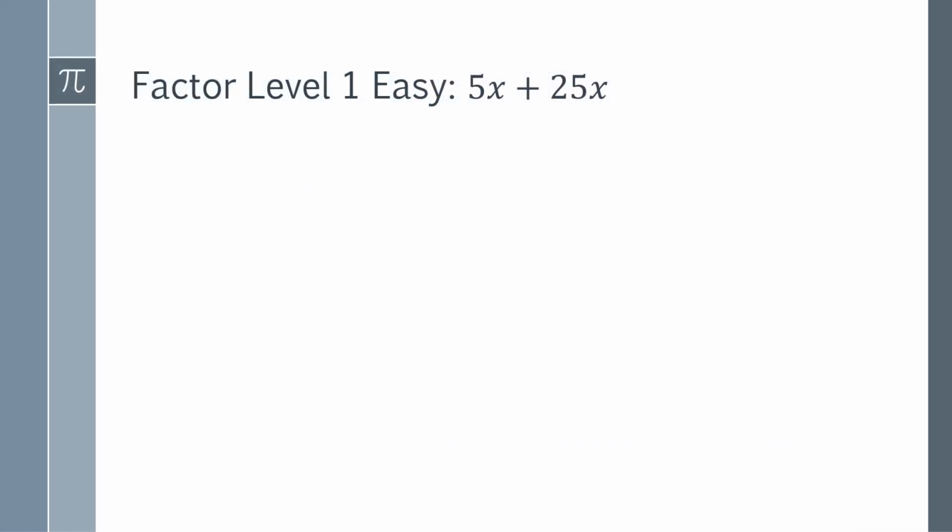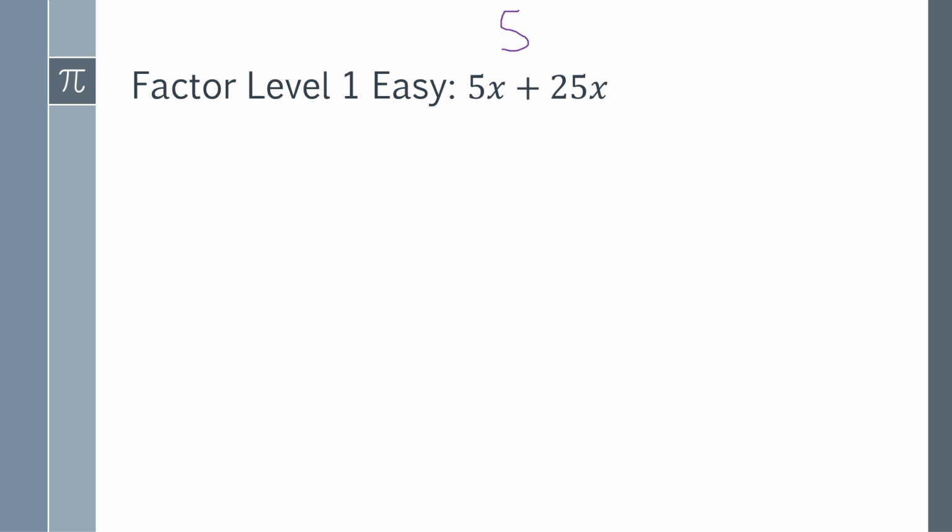So now we are at level 1. It starts off pretty easy, similar to the other problem. So we know that the greatest common factor of this is 5. But what else do they have in common? They both have an x in common.